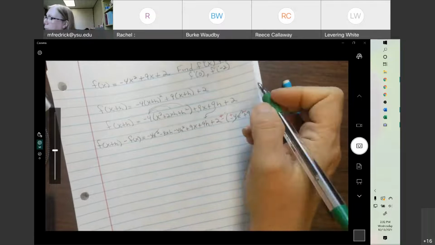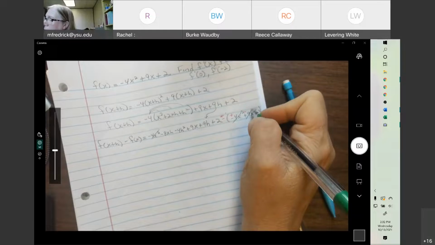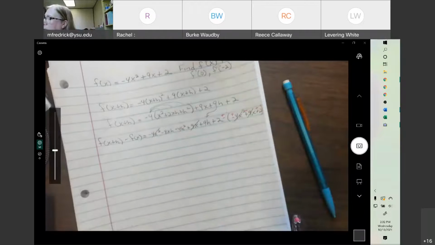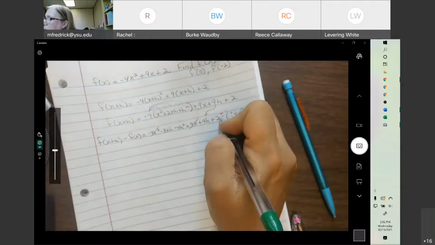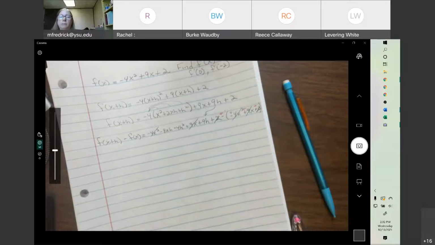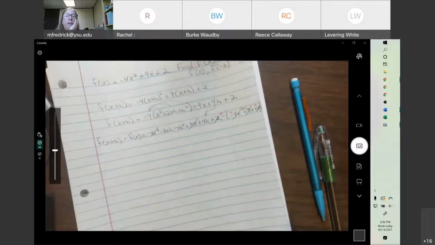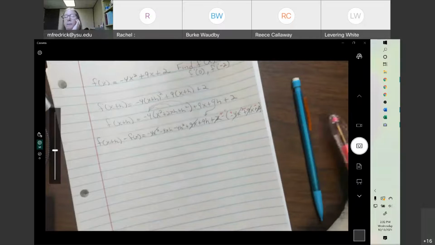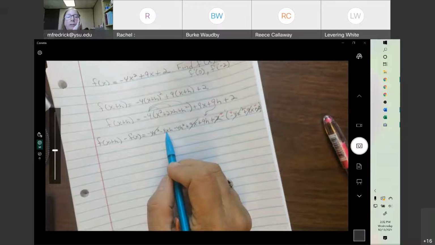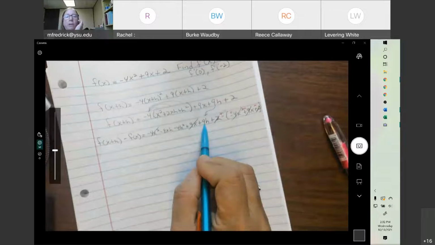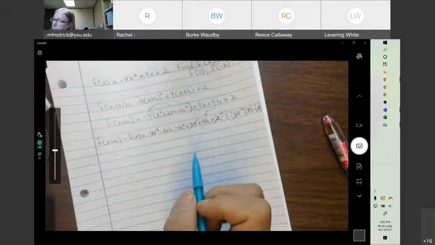And the x's are the ones that cancel. Negative 9x and a positive 9x. A negative 2 and a positive 2. Any questions on that? Notice there's 3 terms left. 1, 2, 3, and they all have an h in them.